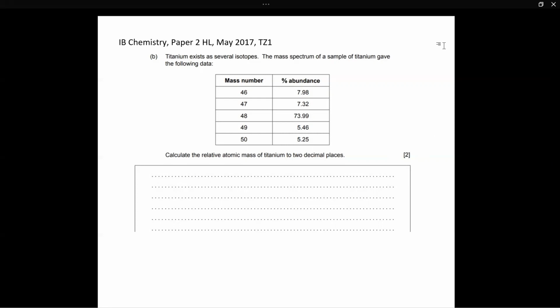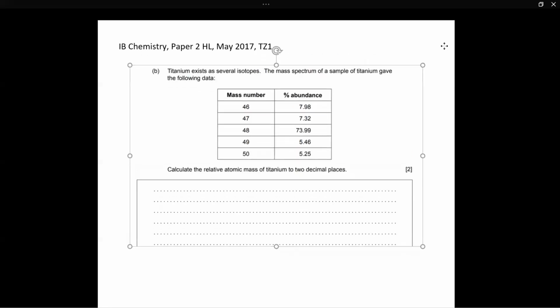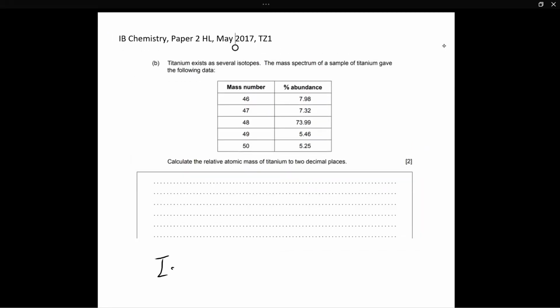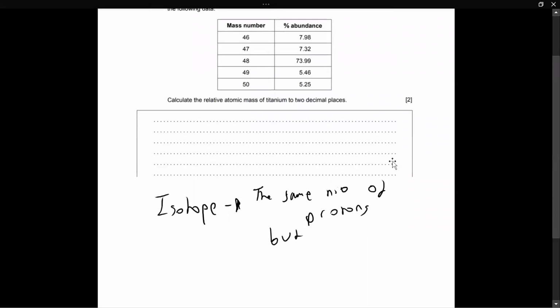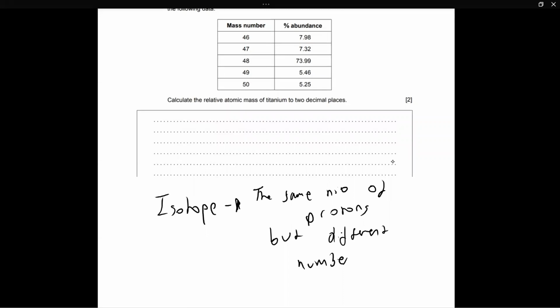So this question is asking us: titanium exists as several isotopes. The mass spectrum of a sample of titanium gave the following data. So what are isotopes? Well, in very simple terms, an isotope has the same number of protons, but different numbers of neutrons.